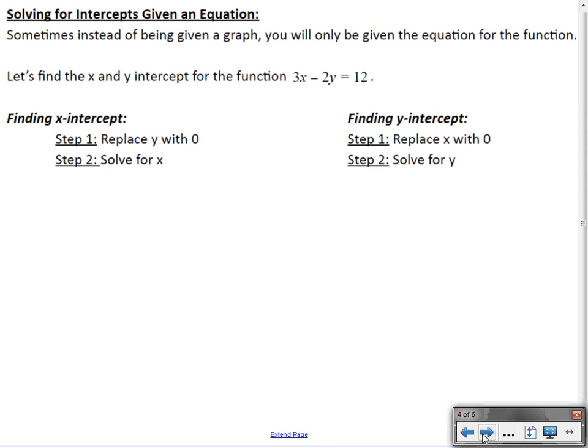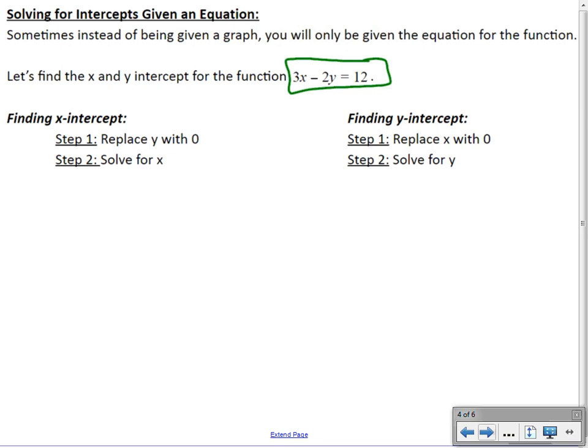Maybe we just have an equation like here. And what we want to do is find where this line crosses the x and y axis, because it still represents a linear function, it's still a line if we were to graph it. So to find the x-intercept, what we want to do is find the x value for when y is 0, because we know an x-intercept should always have a y value of 0.